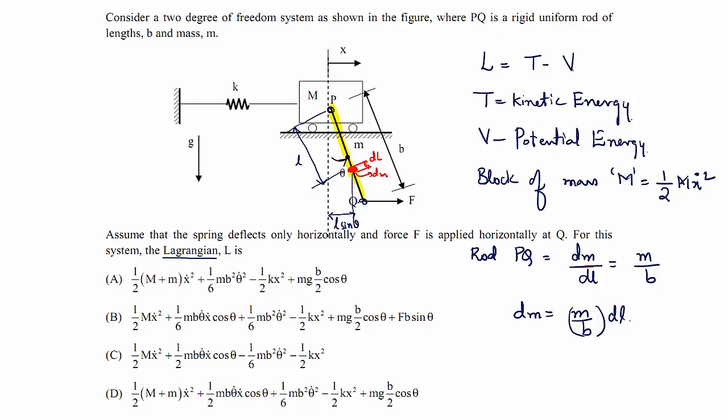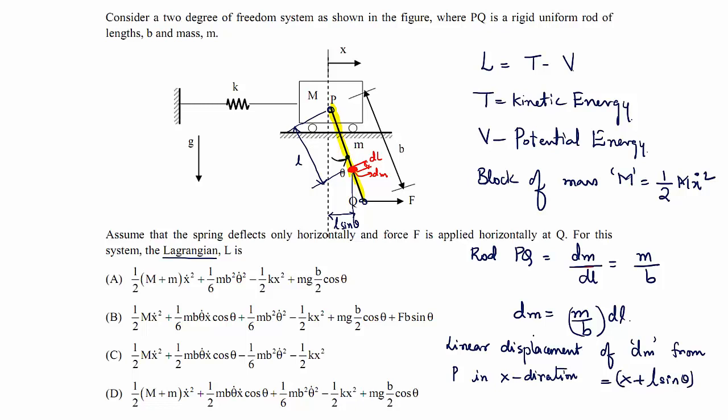So the linear displacement of the differential mass dm from P in the x direction is equal to x plus L times sine theta.